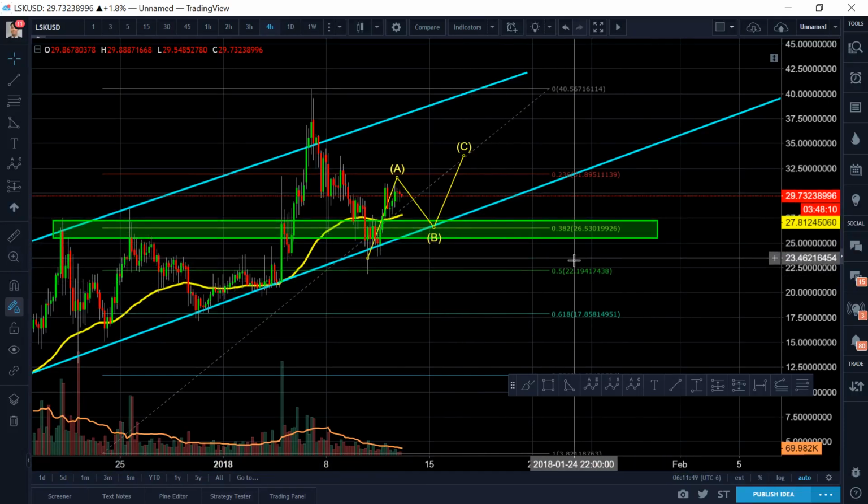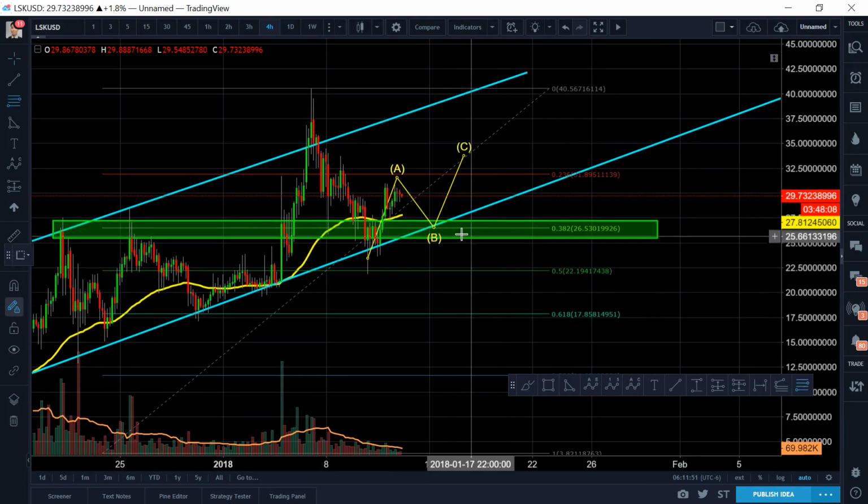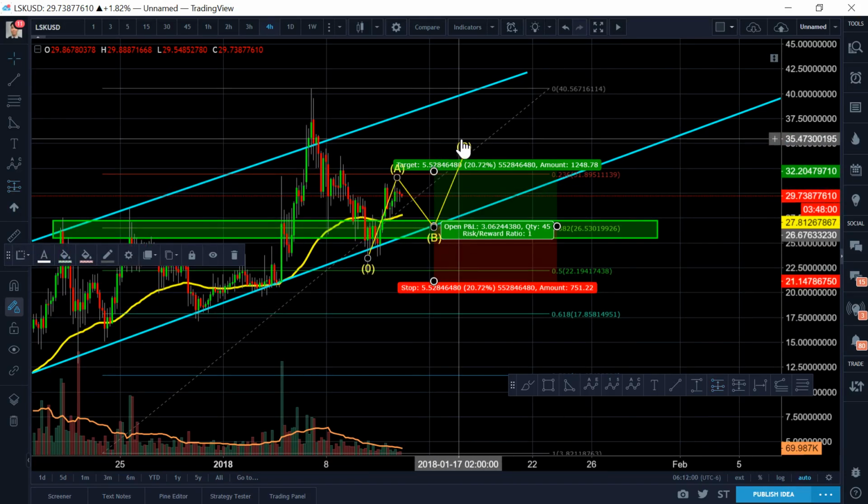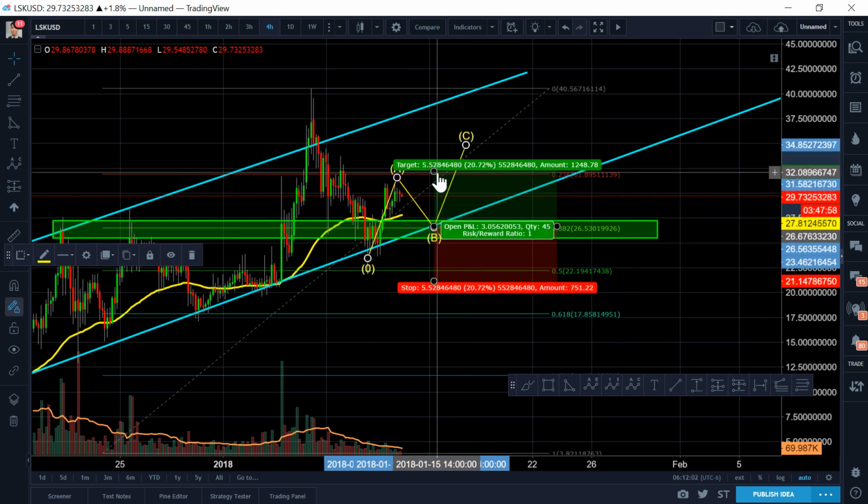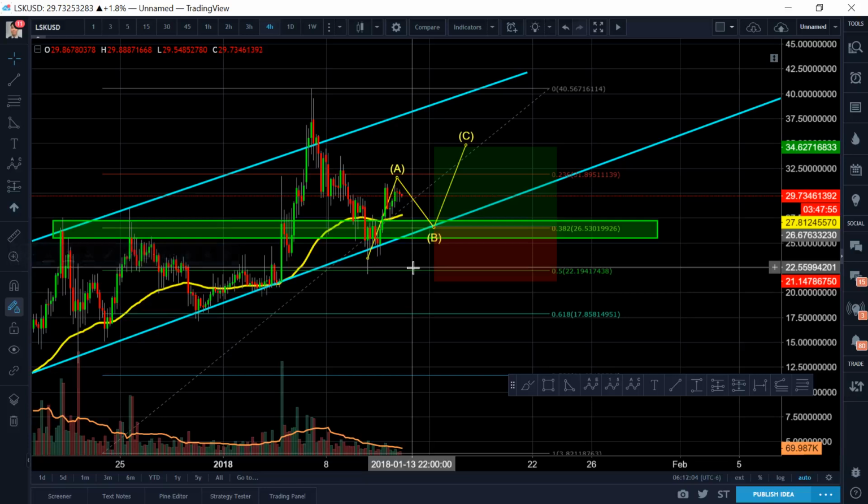So if it hits the channel, you might want to consider, I'm no financial advisor, but if it does bounce, it's a solid support. And if it does bounce, you'll be able to play a small position, assuming it's a typical zigzag, maybe a 30% gain even.